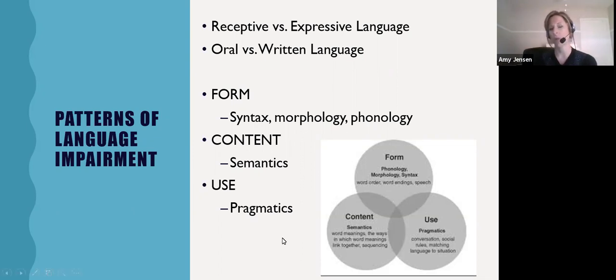So those are all pragmatics. When we look at children with language impairment, we'll look at all these dimensions of language, and then we'll describe where we see strengths, where we see weaknesses, and that then allows us to maybe capitalize on those strengths to start addressing the weaknesses.